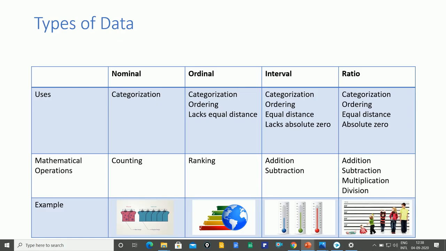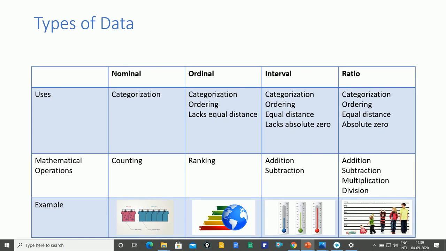Now coming to the interval data, it has got the properties of the nominal data and ordinal data. That means it can be used for categorization. It has got a specific ordering. Here the distance measured is also equal. But the disadvantage with interval scale data is that it lacks an absolute zero. Here the zero is a matter of convention and convenience.